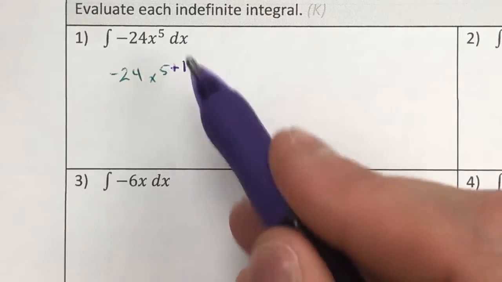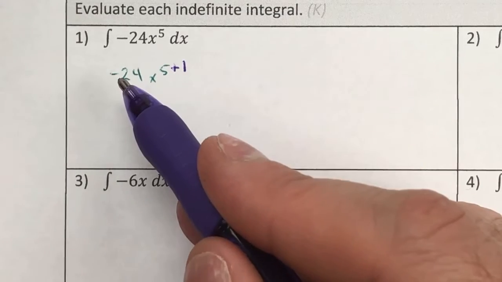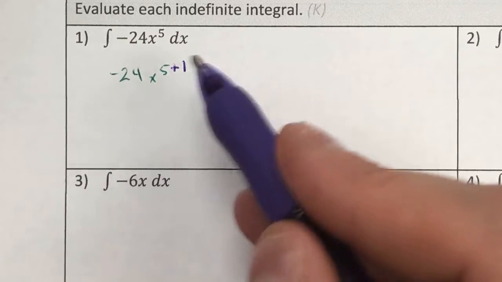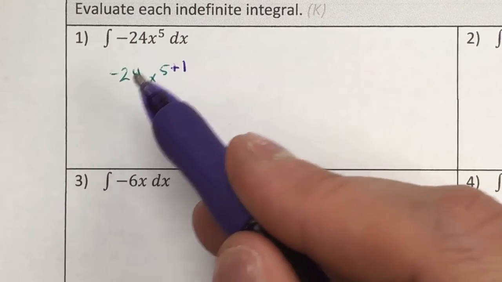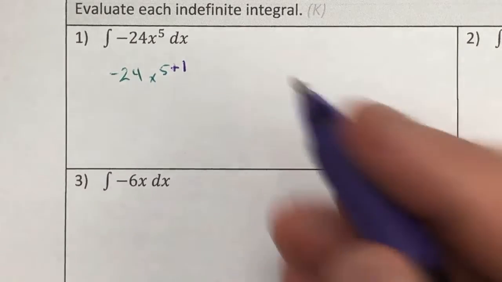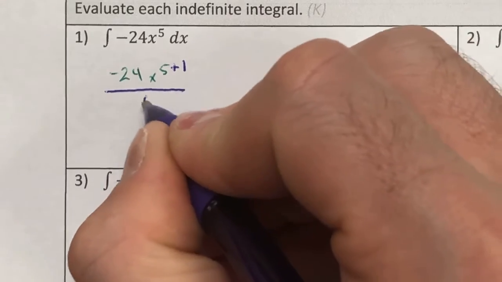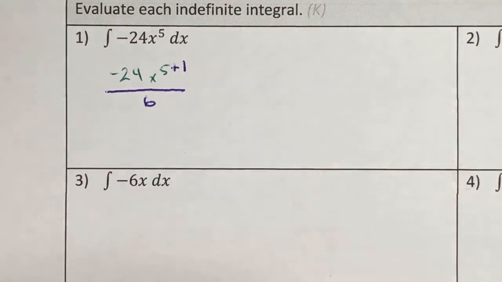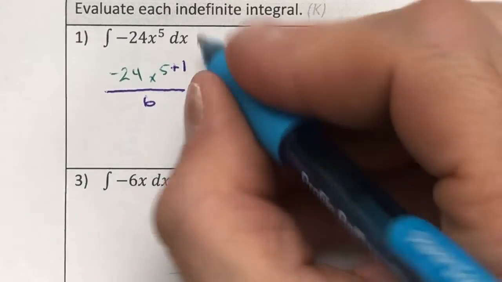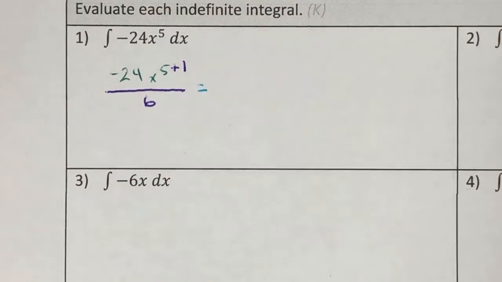Also, if I multiplied 6 times whatever it was to produce a 24, to reverse it, I'm also going to have to divide it by that 5 plus 1, which is 6. And this is going to be where we find our integral.